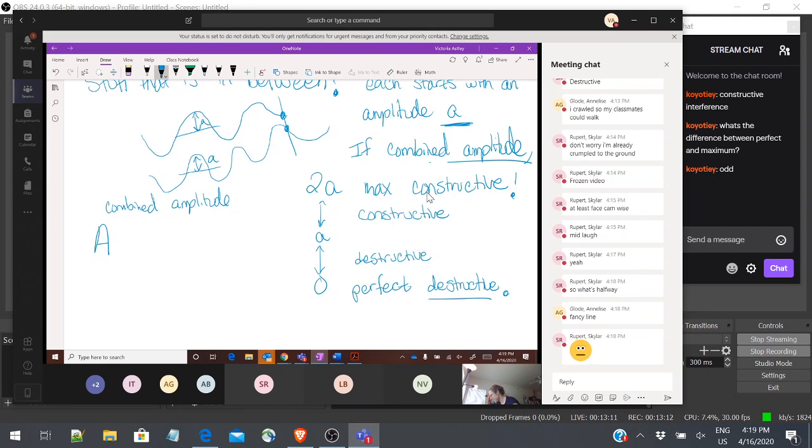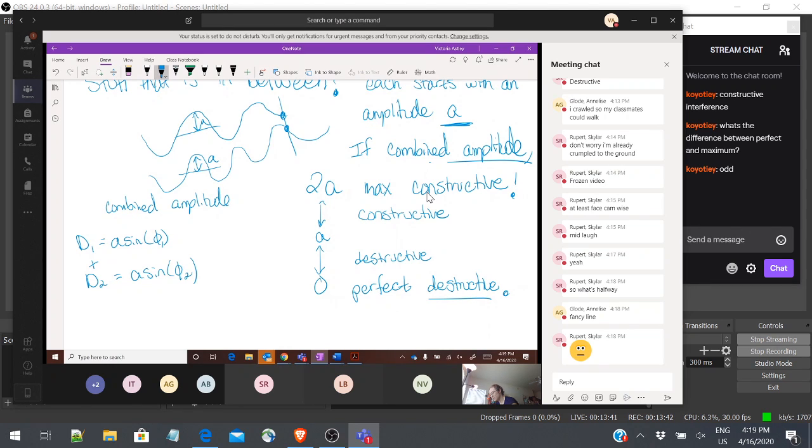There is some math for this. I don't know if I really want to talk about the math. We have a very limited amount of time together. So it's basically what happens if you do D1 is A sine stuff plus phase, and then you add D2 is A sine with its phase.